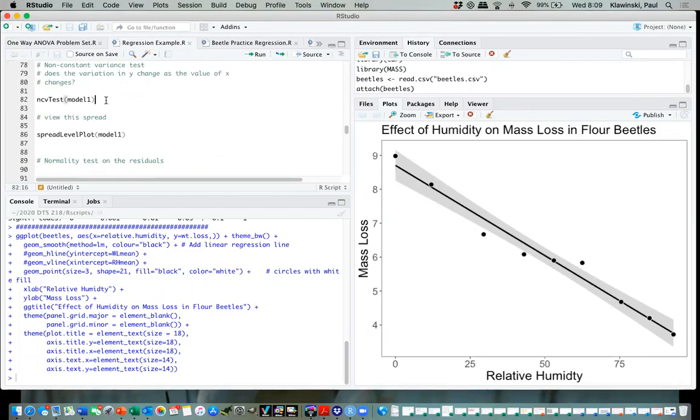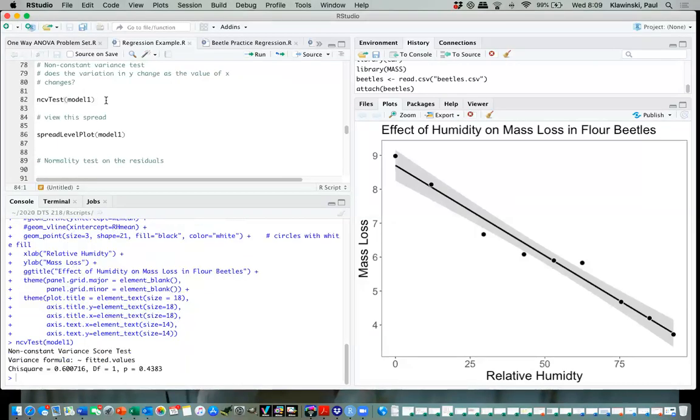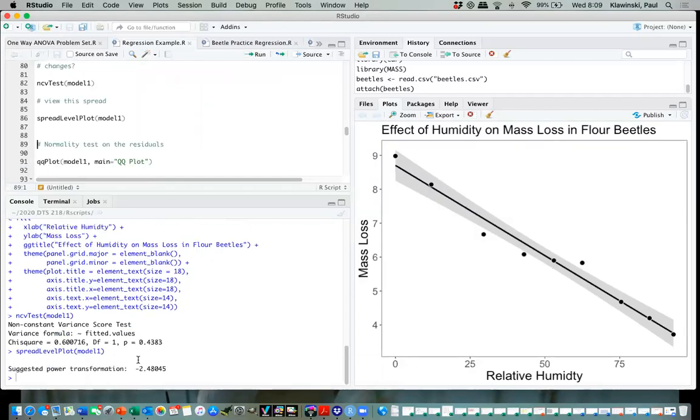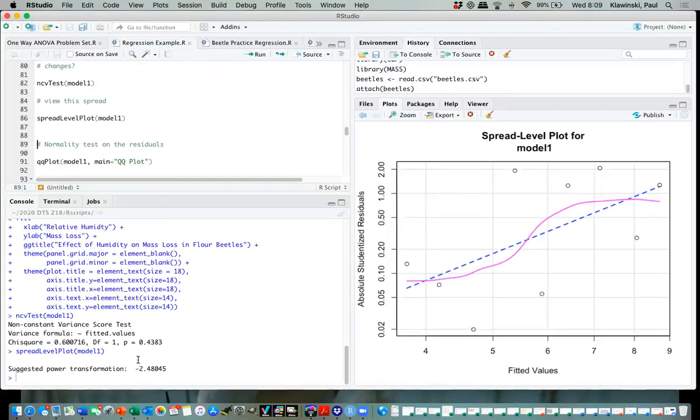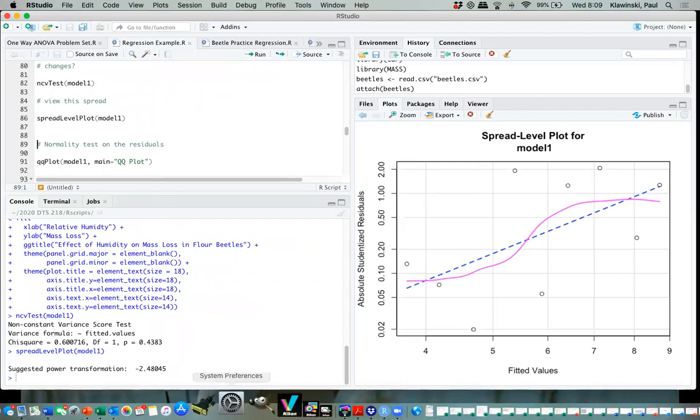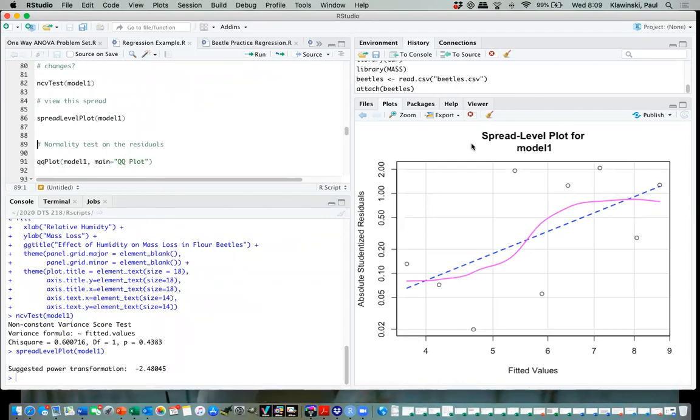I talked to you last time about how we can test for homogeneity of variances by doing a non-constant variance test, and it will give you, once again, a p-value down here. And we can also get a plot of the residuals to see whether or not the spread around the line varies as the fitted values go up.